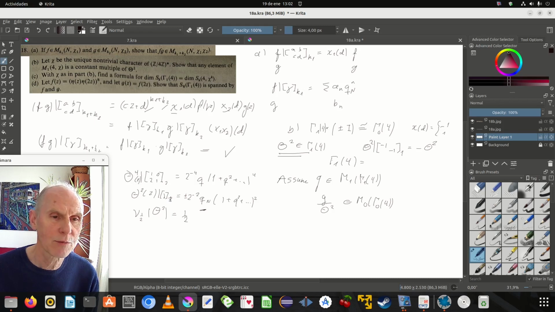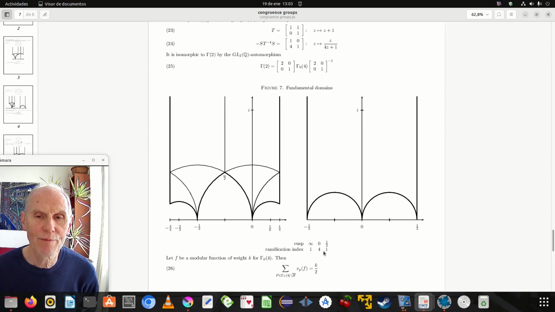Oops, it should be a 1 here. This interesting factor here, since t lies in gamma 1 as well, we can't get a factor q12.